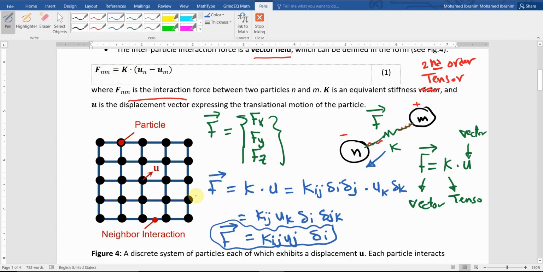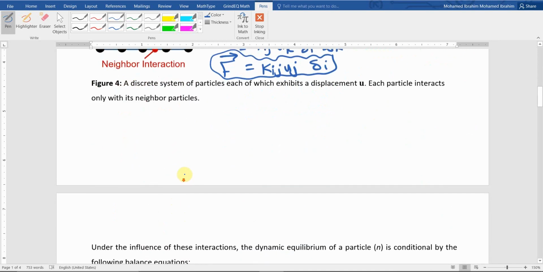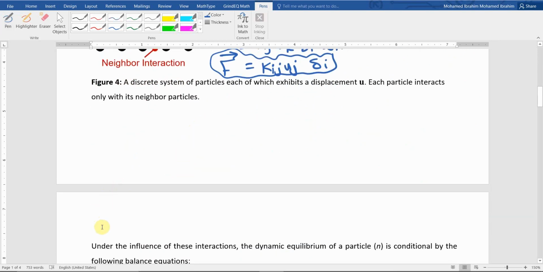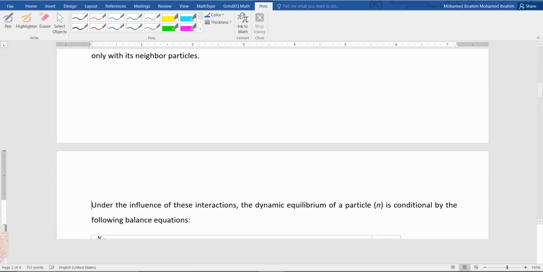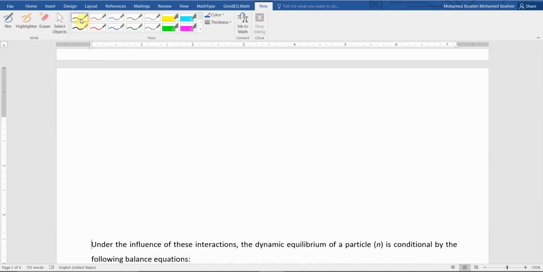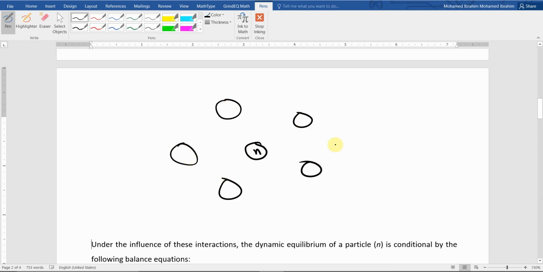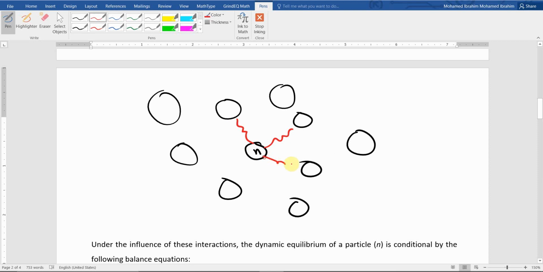Let us talk more generally: how about if we have a particle n here, and this particle is surrounded by so many other particles, but only a few of them are actually neighbors. So there should be some interaction between particle n and just the neighbor particles, like these ones, for example.